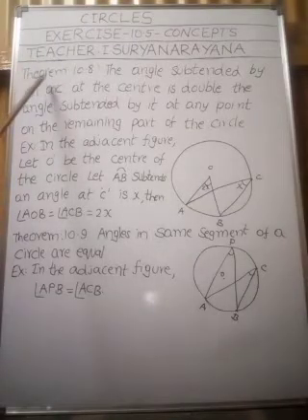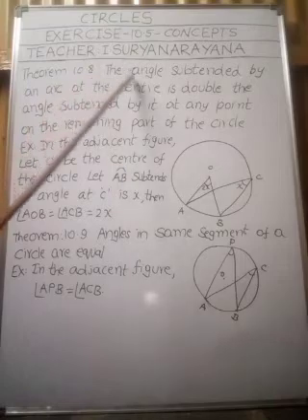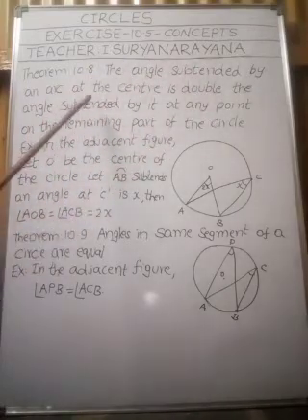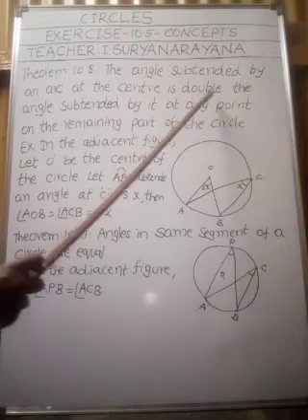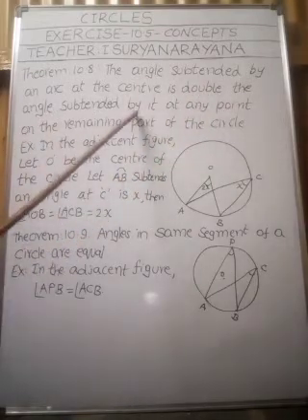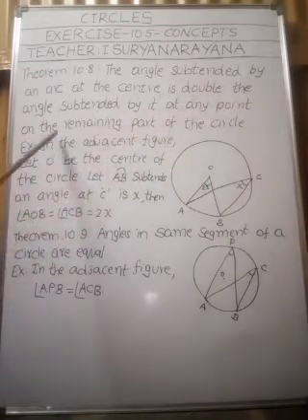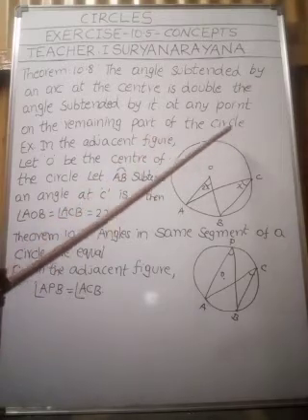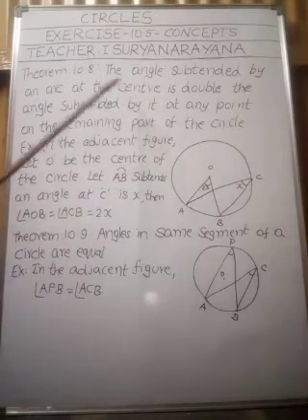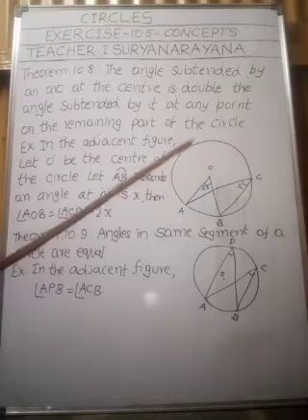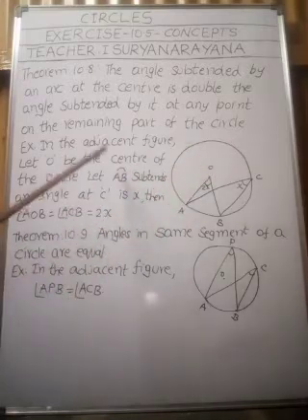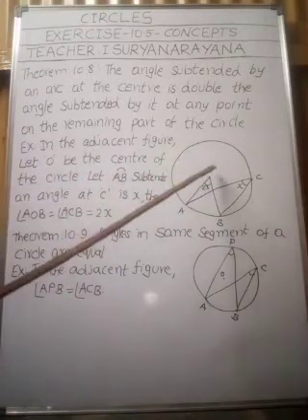Now come to theorem 10.8. The angle subtended by an arc at the center is double the angle subtended by it at any point on the remaining part of the circle. Okay, my dear children, to understand this point well, let us take an example. Let us consider O to be the center of the circle.